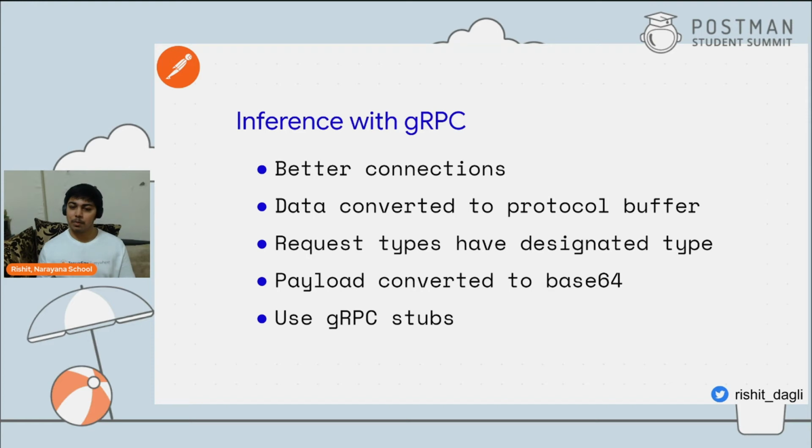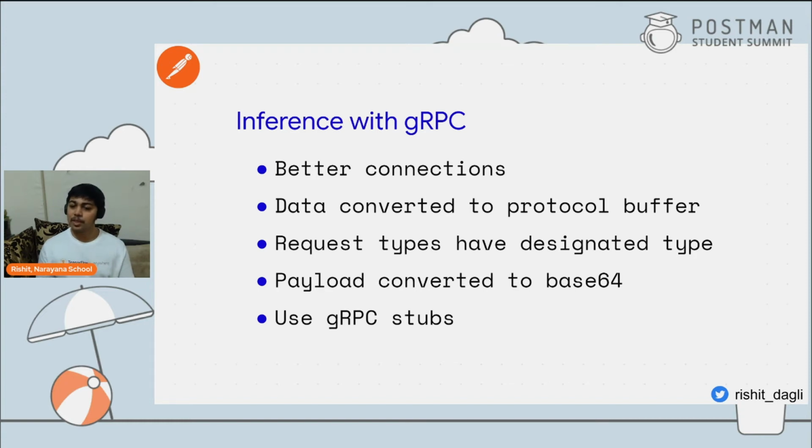But I also want to briefly talk about inferencing with gRPC, where essentially what you do is you specify each request type that you send. So you'd probably say this is a float, this is a string, and so on. And what this allows you to do is you also use something called a gRPC stub.